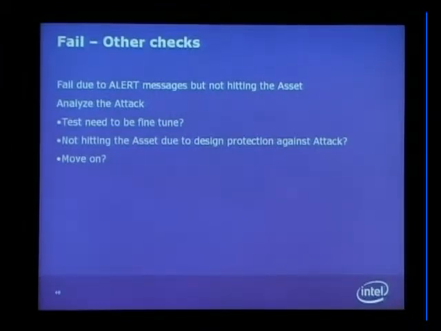So after we analyze all this, if we find that the design has good protection on this, we may want to move on to different things. But if not, we will continue to rerun the test and make changes on the test.